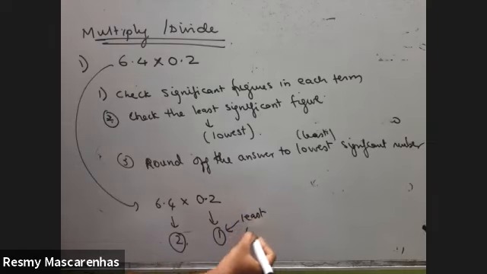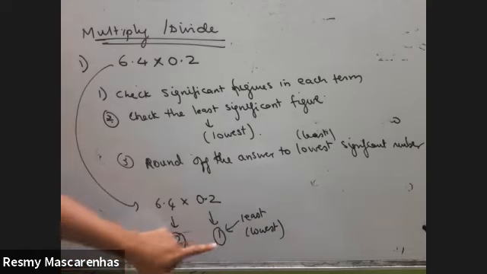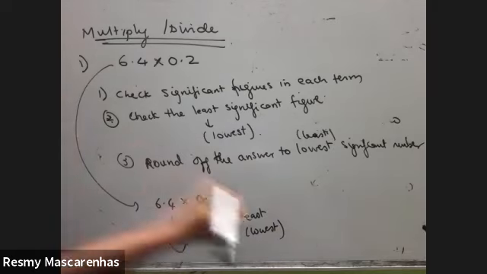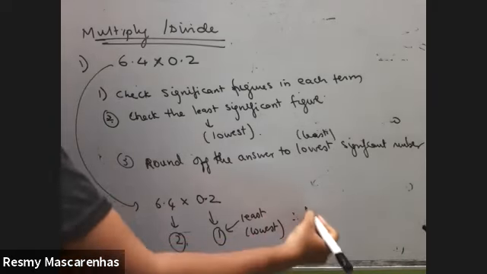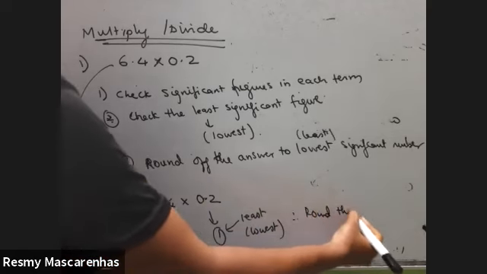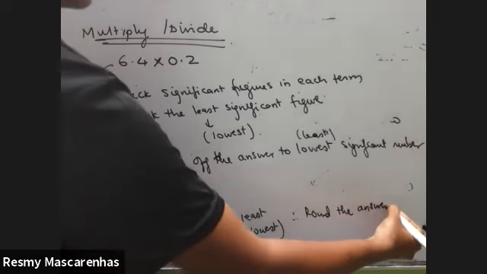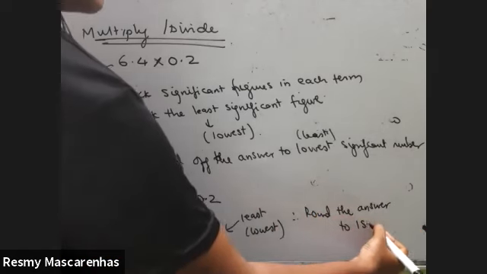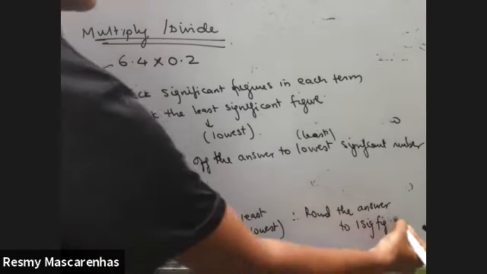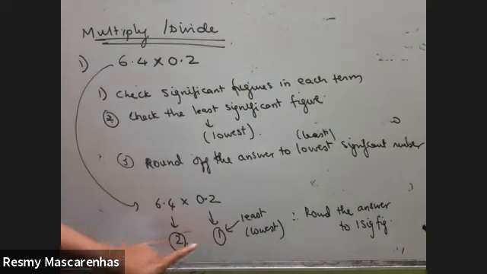The lowest one. So my answer should also have just 1 significant number. Why? Because among these two, 1 is the smallest.